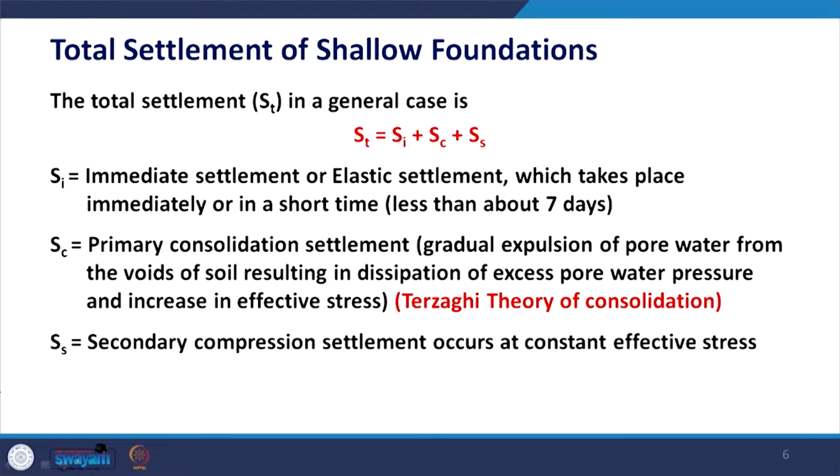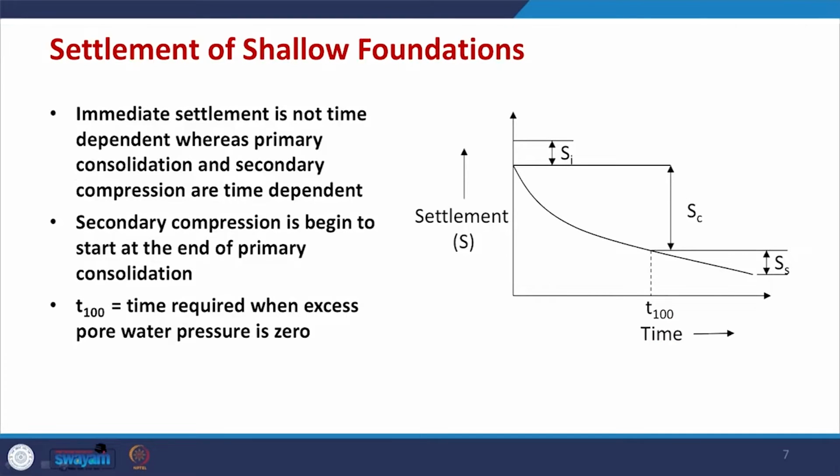Now, the issue is what is the rate of the settlements. If you see this chart here, you could see that settlement versus time is given. The first part, which is immediate settlement, is not time dependent, while the second part, which is the primary consolidation and secondary compression, depends on time.